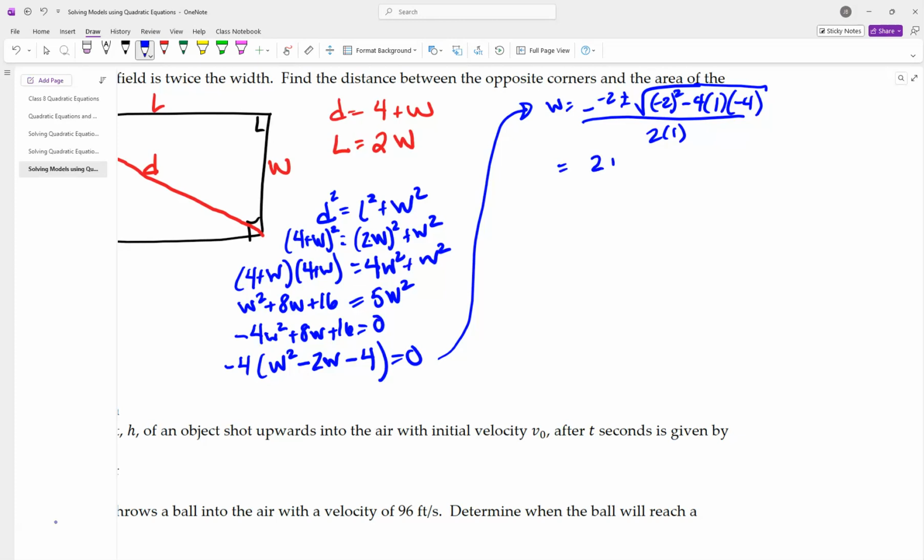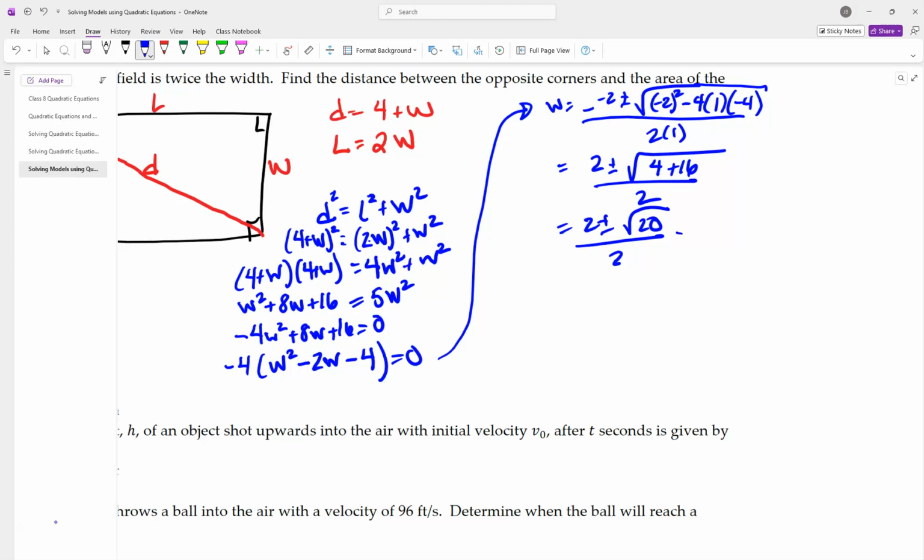Okay, so I get 2 plus and minus the square root of 4 plus 16, over 2. So I get 2 plus and minus square root of 20 over 2.